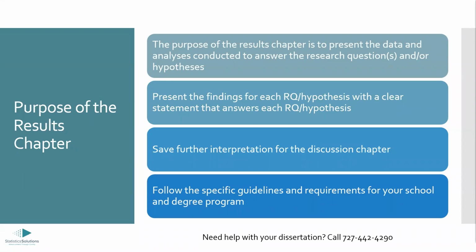But you want to save interpretation beyond that for your discussion chapter. So any discussion of what the findings mean in relation to the literature or the implications for future research or anything like that should be saved for your discussion chapter. In your results chapter, you really just want to present the analyses that you conducted and the answers to the research questions, and that's it.